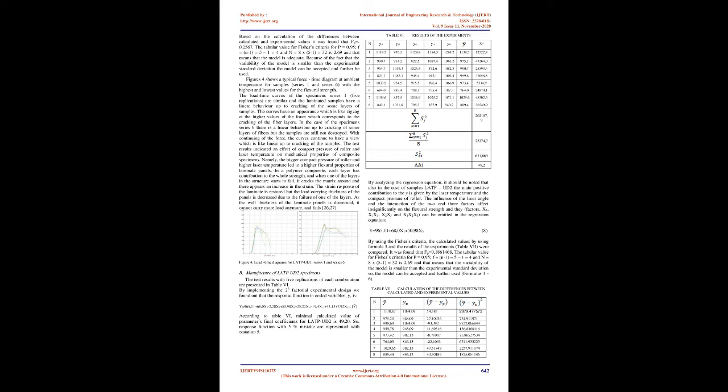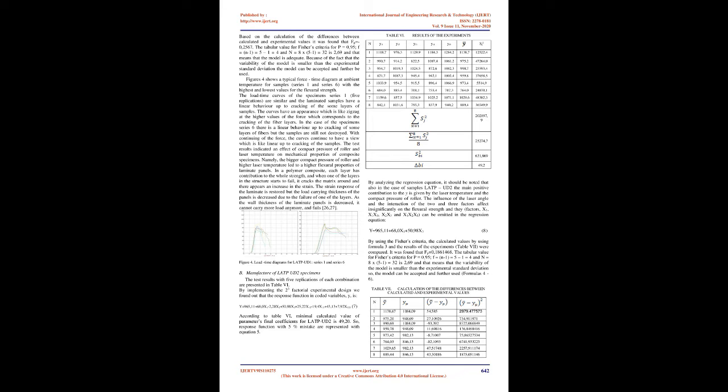The test which compares the formula and the results of the experiments was made by using Fisher's criteria, Table 5. The values are calculated by using Formula 3. If the variability of the model is smaller than the experimental standard deviation, then the model can be accepted and further used, formulas 4 to 6. Based on the calculation of the differences between calculated and experimental values, it was found that F_p equals 0.2567.